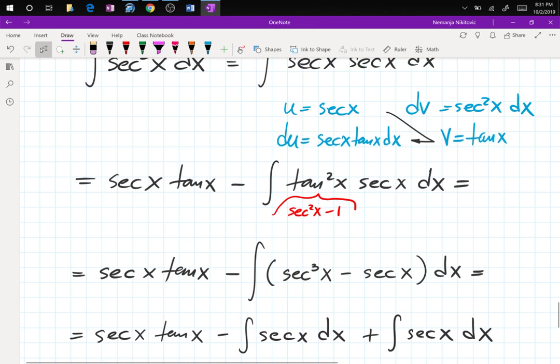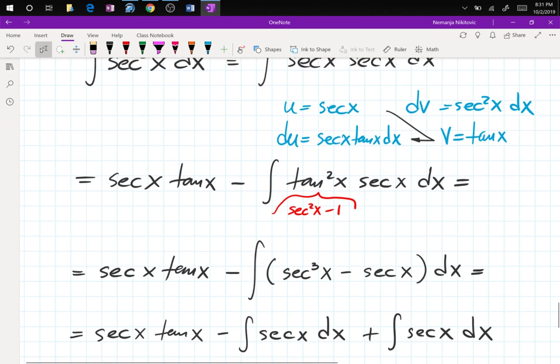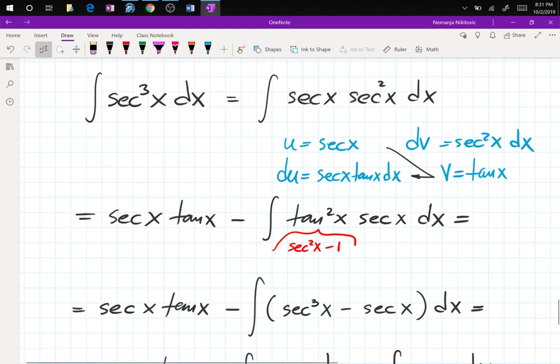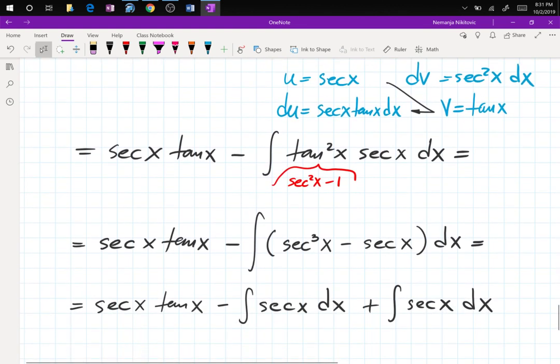And as you said, Hydra, right? You remember the evil one? You have the secant cubed x on the left side, and secant cubed x on the right side.